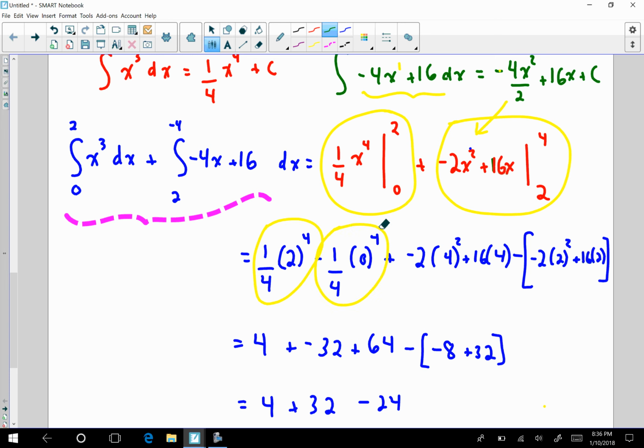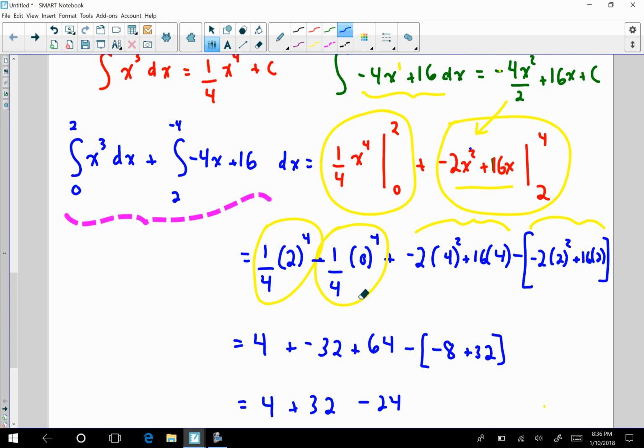That's nice because this whole term goes to 0. Then I'm going to put the 4 into this right here. That's where I get this portion. I have a big bracket because I'm going to subtract this indefinite integral evaluated at 2. So I have 4 terms here.